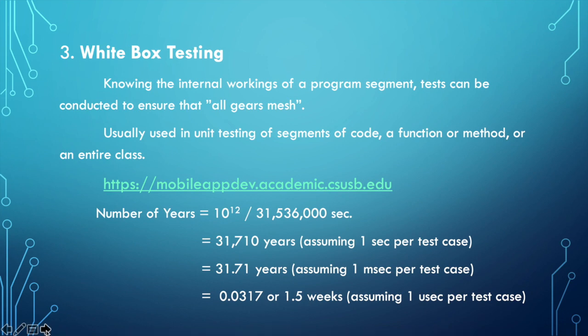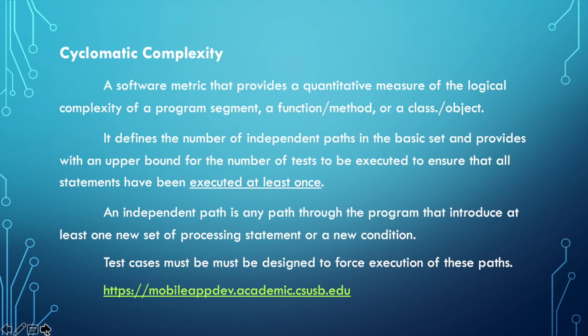So what can we do? We have to find a way not to do 100% test case. Although there are automatic test case generators out there, and they generate test cases automatically and test overnight.